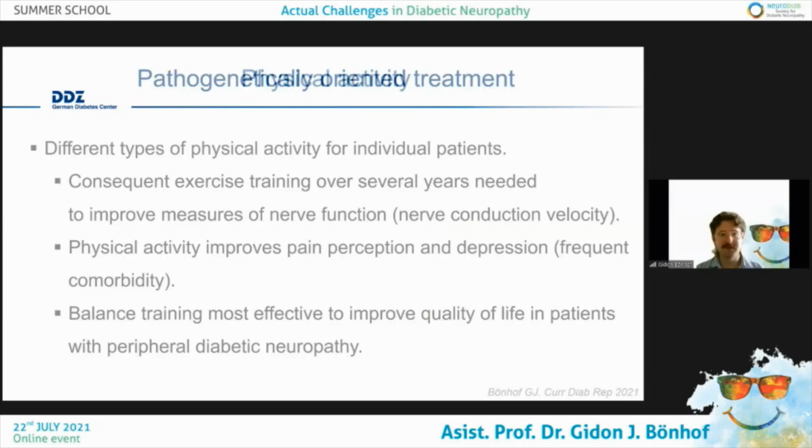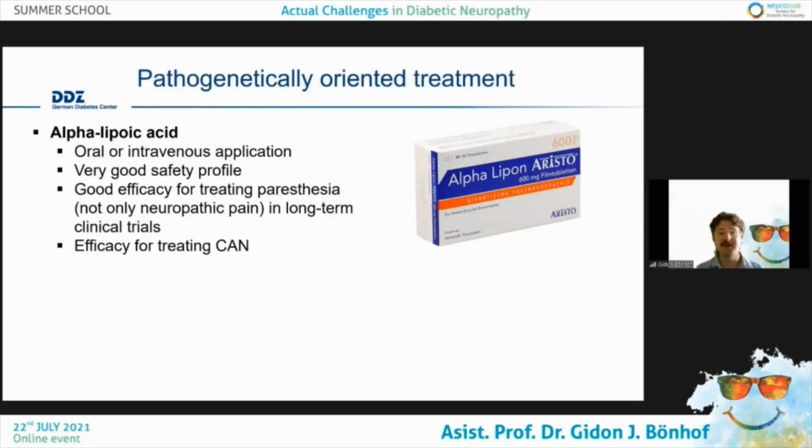The next principle I talked about is the pathogenetically oriented treatment. There are two substances I'd like to talk about, and both substances were mentioned by Professor Valli prior this day. The first of it is alpha-lipoic acid. Alpha-lipoic acid is a substance that is very well studied during the last 25 years, I'd say.